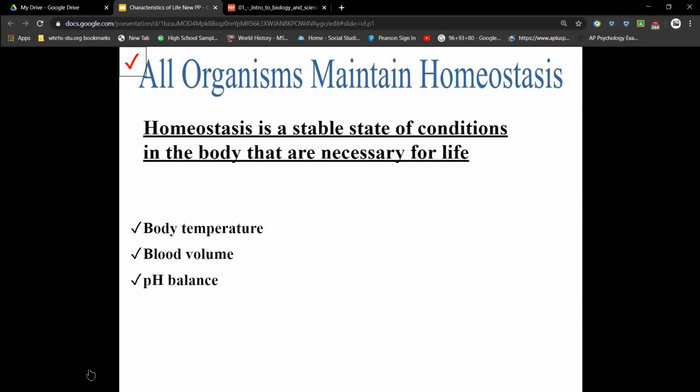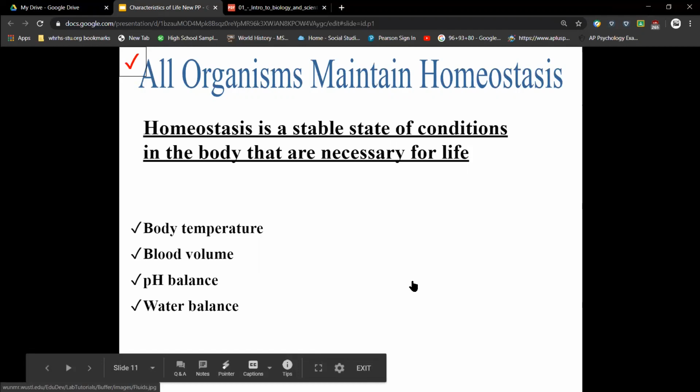There are two ends of a pH scale: acidity and alkalinity. If something is really acidic, it can burn you from the inside. If something is really alkaline, it'll break down a lot of molecules in you. This is why it's really important to maintain a pH balance, because otherwise you could die very quickly.